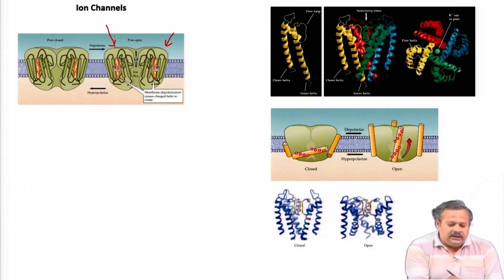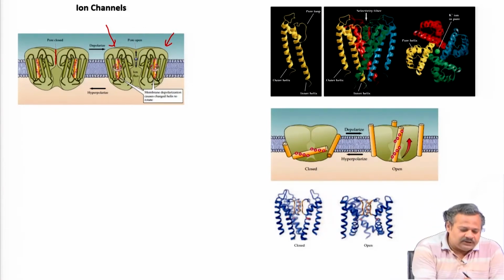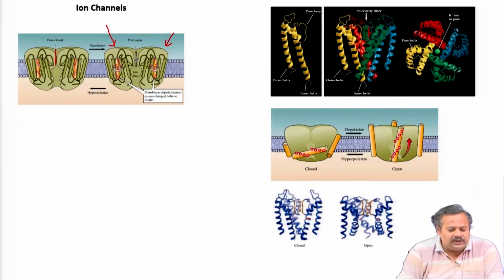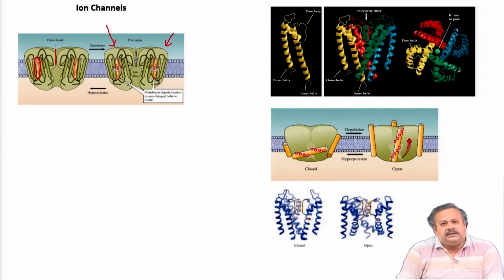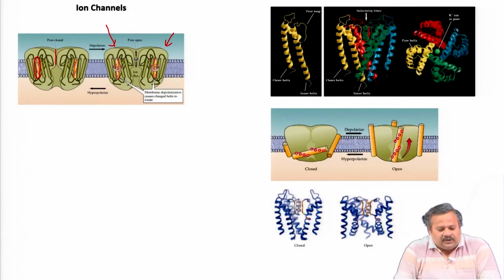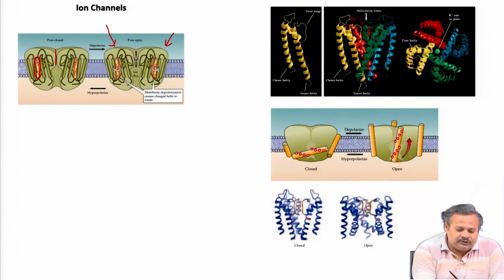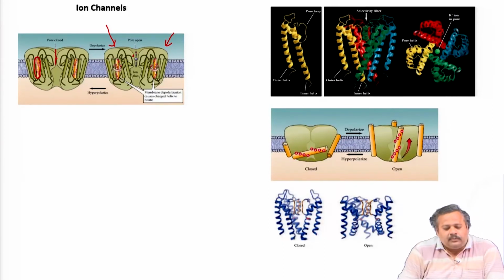You have this pore here, which is closed in one particular conformation, and there is a charged helix, a part of the protein, that, depending on the voltage, can rotate. That was one of the hypotheses here, and it provides a conformational change such that the pore opens up compared to when it was closed, and that allows the ion to go through.